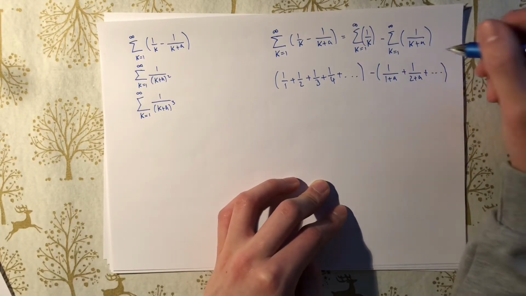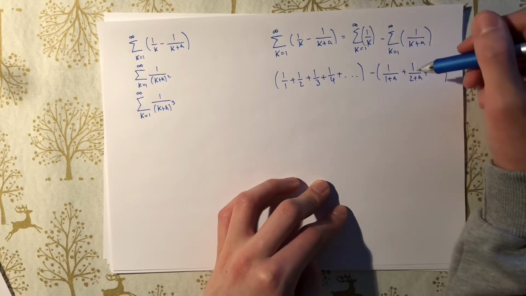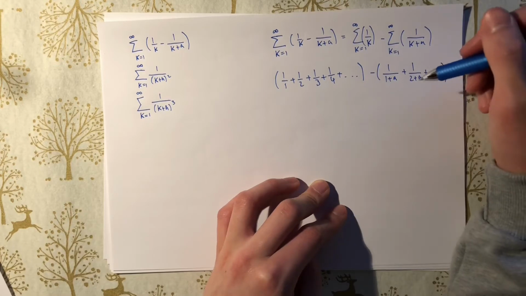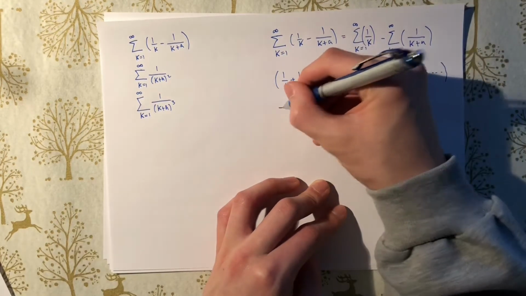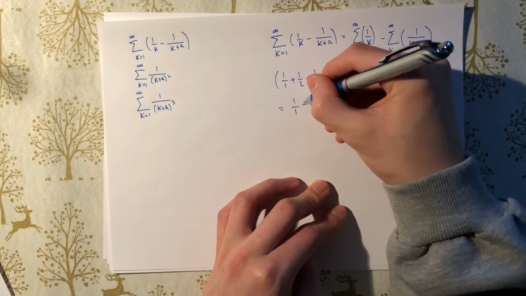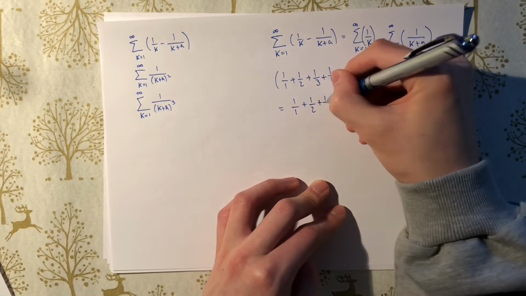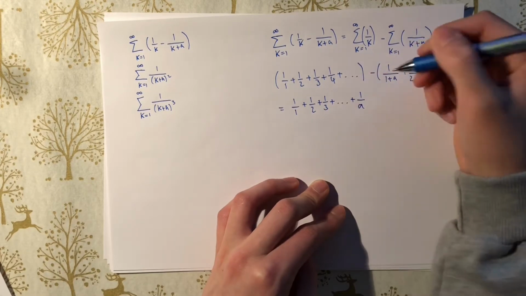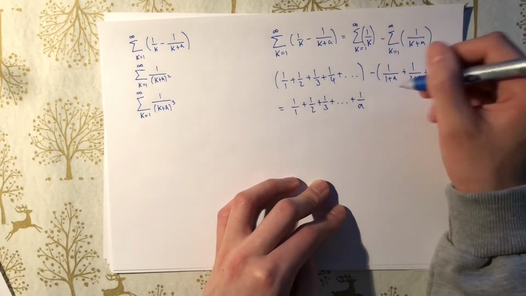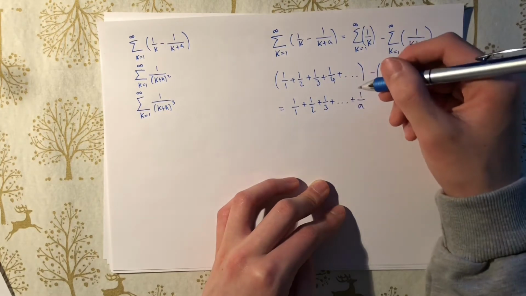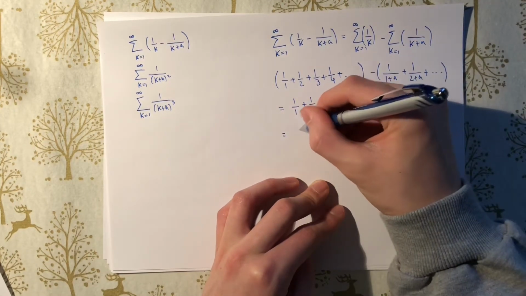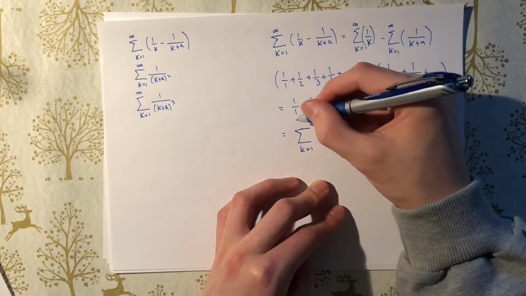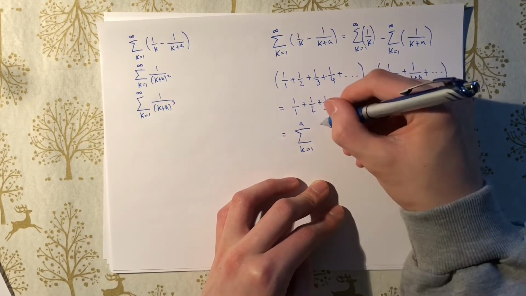Now, we can actually see that since, as I said before, the second series is simply the first series minus the first a terms, we can simplify this to 1 over 1 plus 1 over 2 plus 1 over 3 plus dot dot dot plus 1 over a, because all the other terms would be subtracted from this second series. And therefore, this is simply equal to the sum from k equals 1 to a of 1 over k.